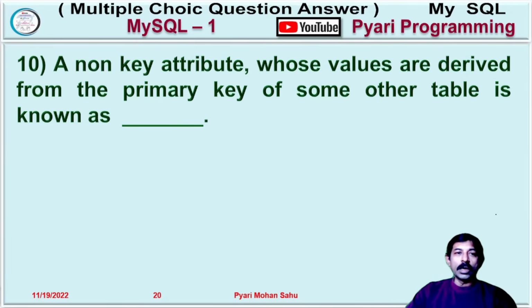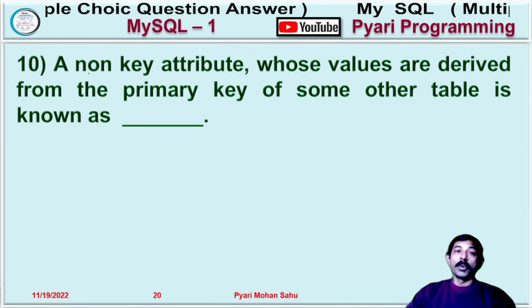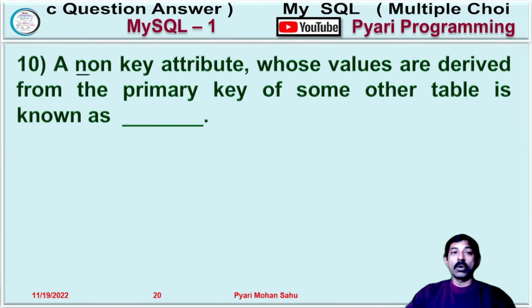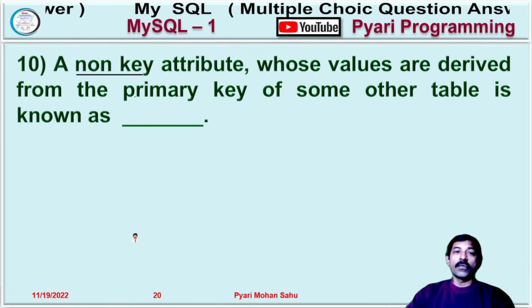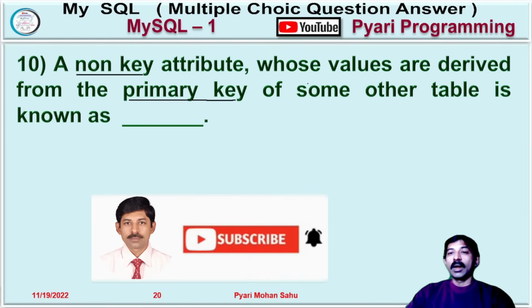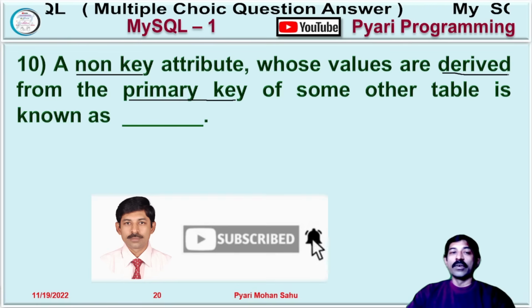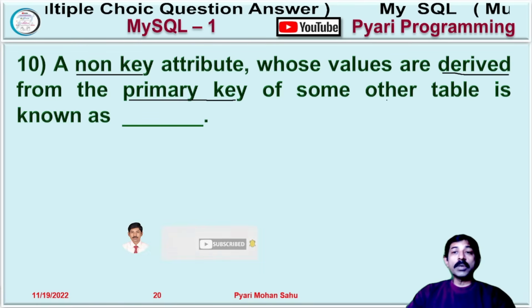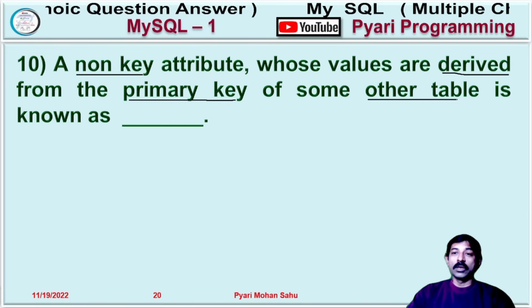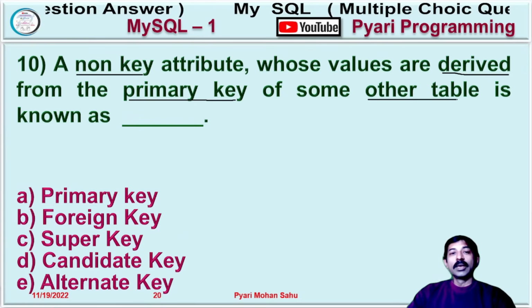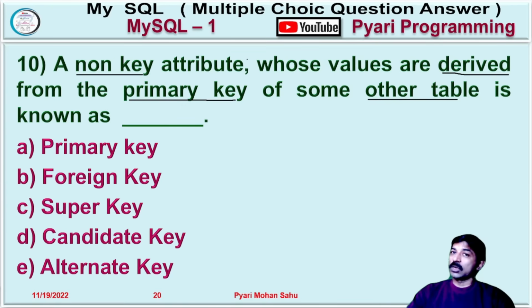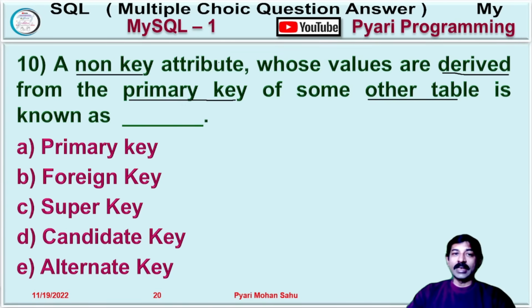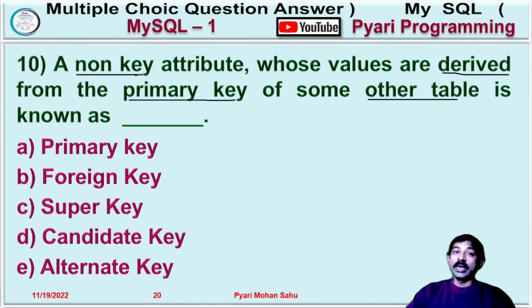Now the question is a non-key attribute. Be careful, it is talking about a non-key attribute whose values are derived from the primary key. Another key point is derived from the primary key of some other table. The other table is known as dash. If you know the keys, it is not talking about cross reference directly, but indirectly it is saying that it is a non-key attribute.